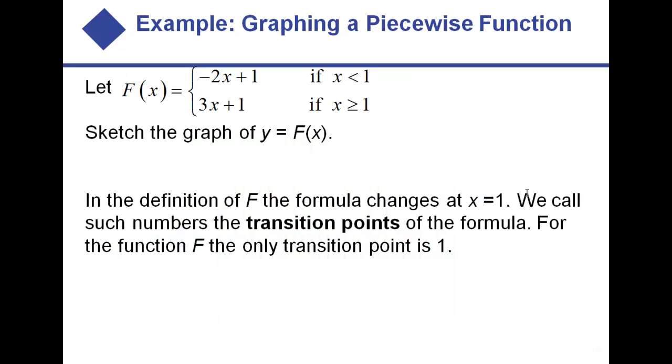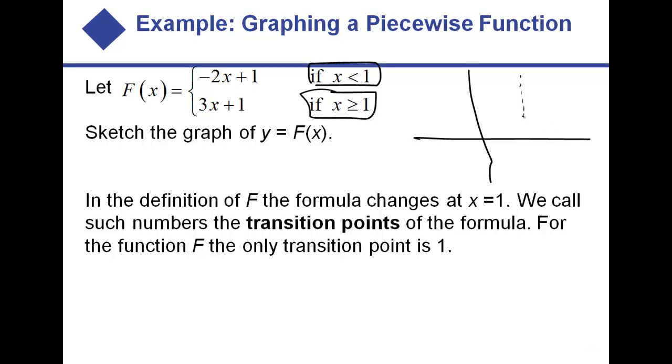If you want to graph a piecewise function, you need to just graph each piece. And all you have to do is take your interval, right, your xy axes, and break them up into these two pieces. So this function changes at x equals 1.